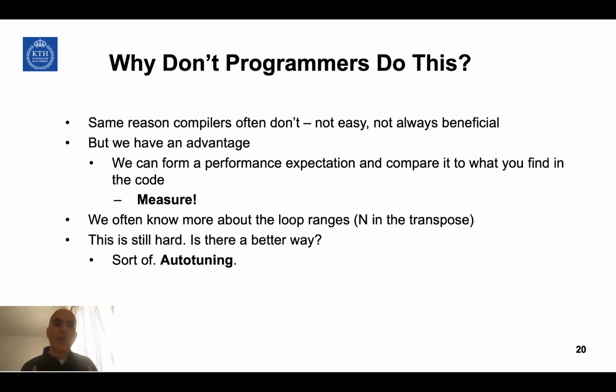So why don't we do this all the time? Well, it's pretty much the same reason why compilers don't do it. It's not easy, it's bug prone, error prone, and is sometimes not always beneficial. As I told you, if the problem fits in the cache right away, then there is no use in doing this.